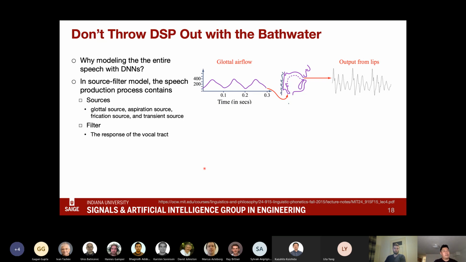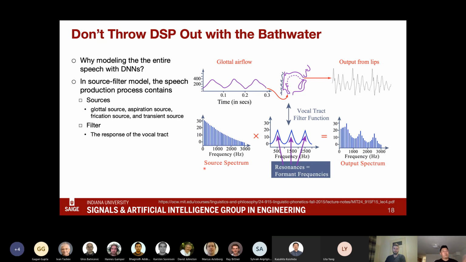It's not known exactly how to use a computational model for the sources, but we do know that the response of the vocal tract, the filter, can be efficiently modeled by a conventional DSP algorithm. Here in this figure, the response of the vocal tract is just the spectral envelope.